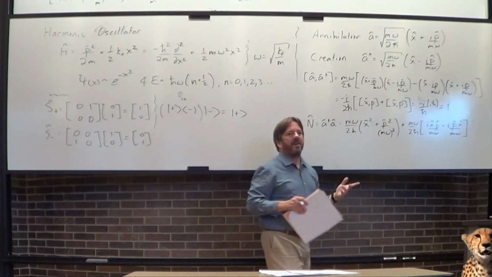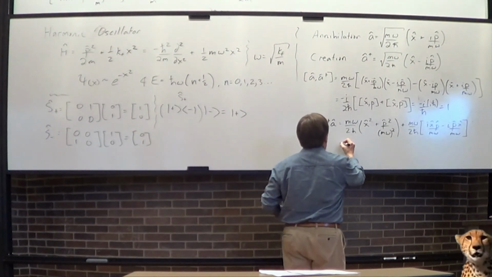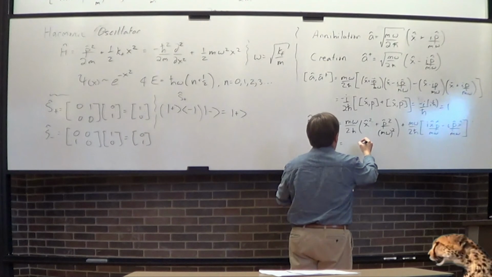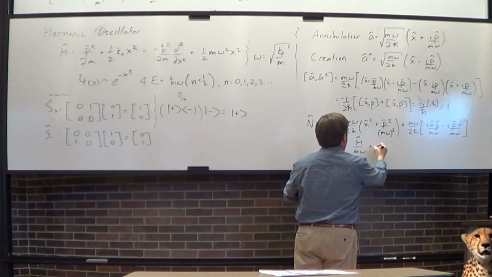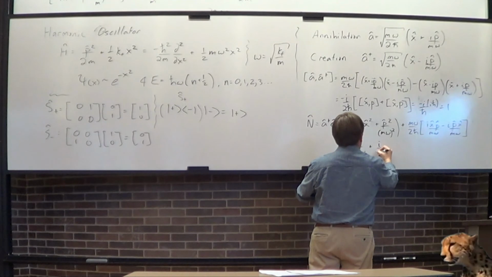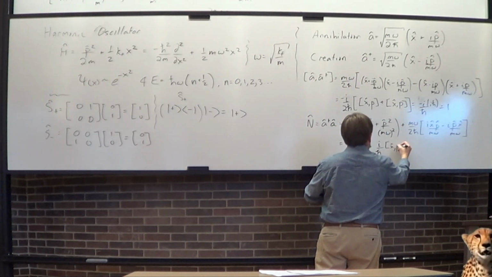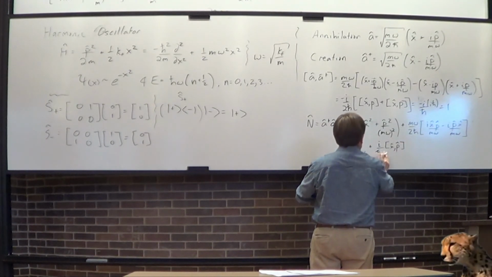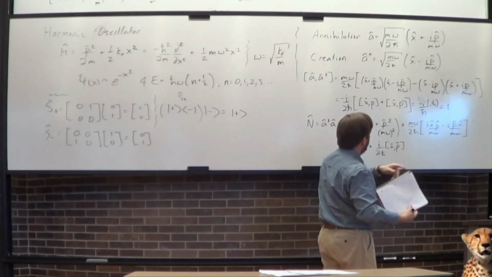Just FOIL it out, you get four terms. I did some factoring. You may notice that this guy right here, that's the Hamiltonian. And the next one, look at this.